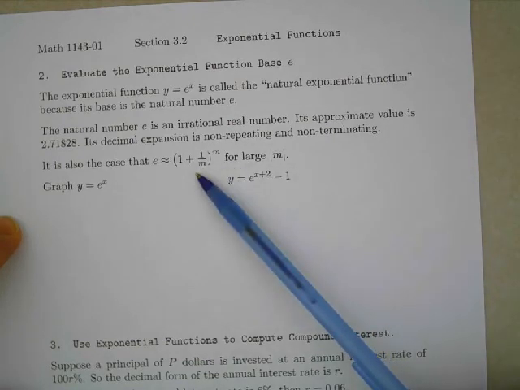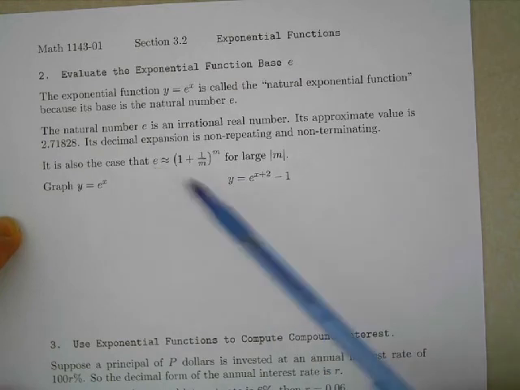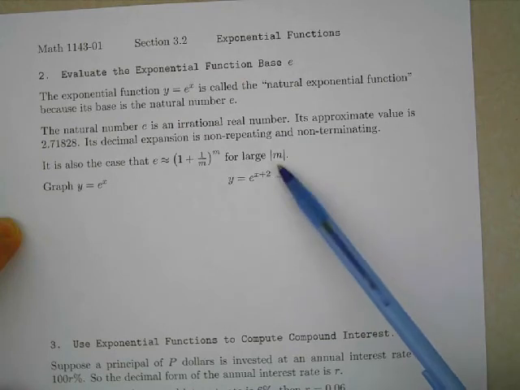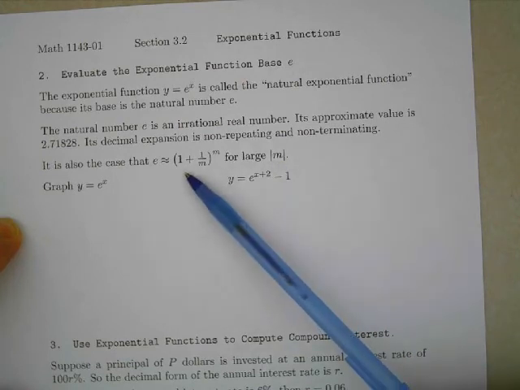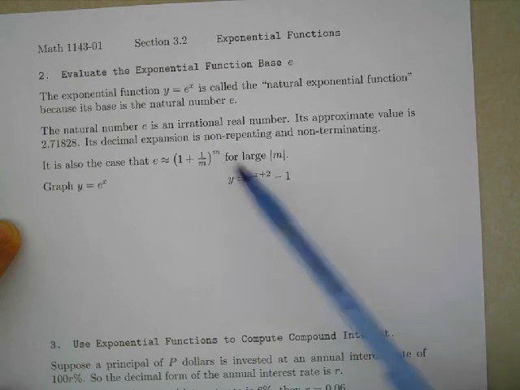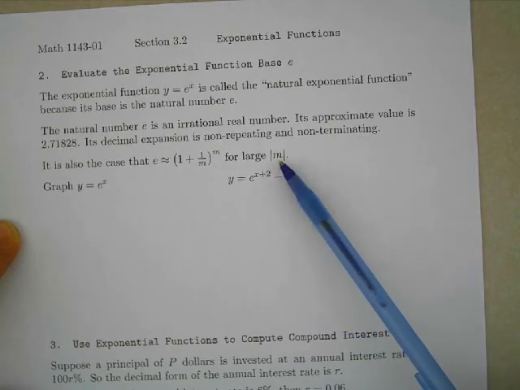It's the case that you can approximate the number e if you pick m to be large in absolute value, and then evaluate 1 plus 1 over m raised to the power m. So this will be approximately 2.71828 if you pick m to be large in absolute value.